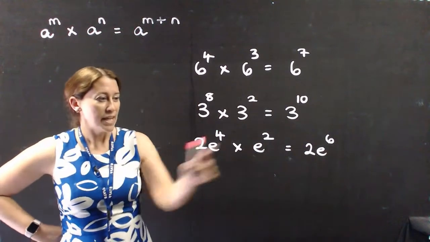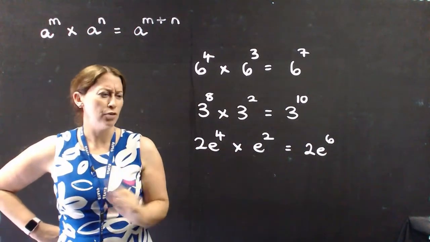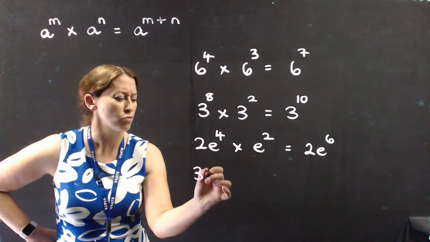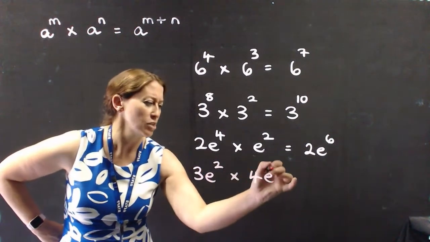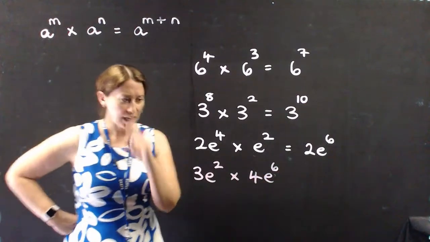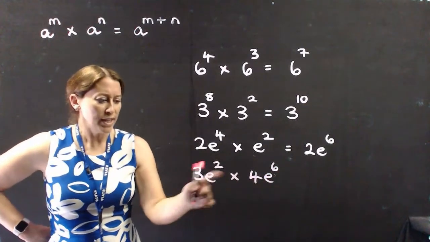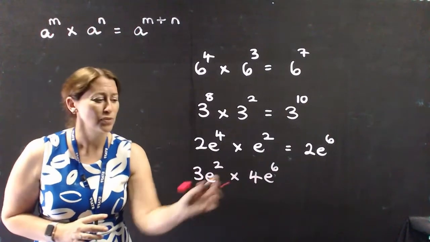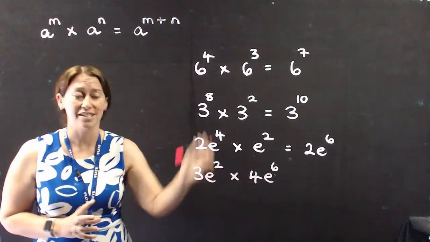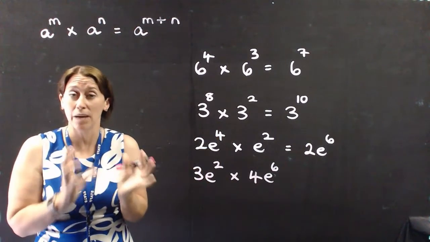What happens if there's a coefficient there as well? Well, let's just change that. Let's do 3e to the power 2 multiplied by 4e to the power 6. We can think about this in factor form by writing this out. We know that e to the power 2 and e to the power 6 combine to make e to the power 8.